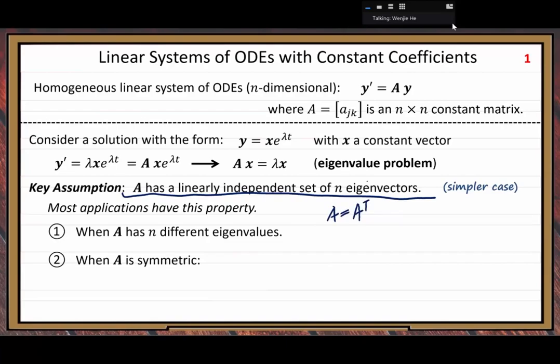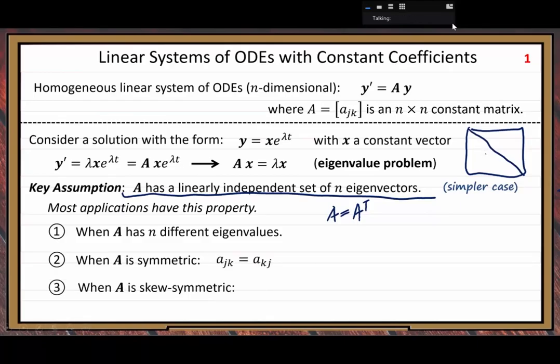So if I draw a matrix with respect to the main diagonal, two entries that are symmetric with respect to the main diagonal must be the same.